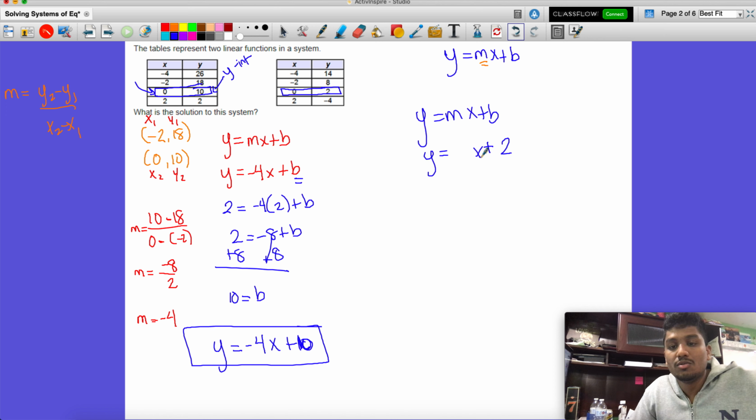To find a slope, and again, without doing the formula, I'm going to do it a little bit differently. How do you get from 0 to 2, right? Now remember, it's y2 minus y1 over x2 minus x1. So on the bottom, there's a difference of 2. And to get from 10 to 2, we have to go down 8.